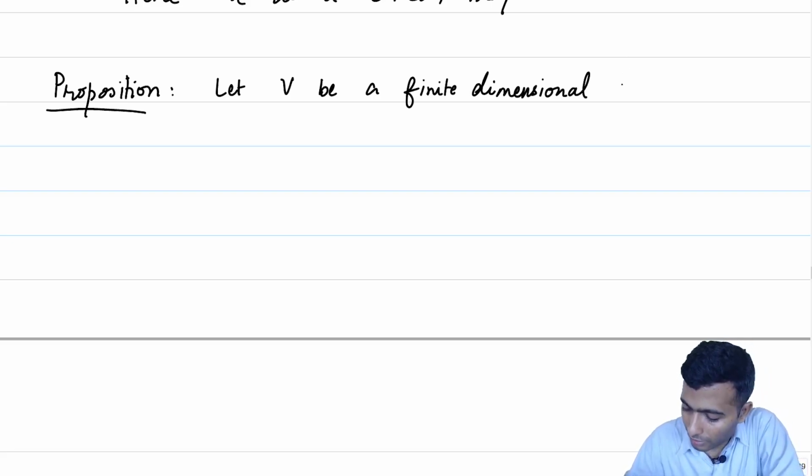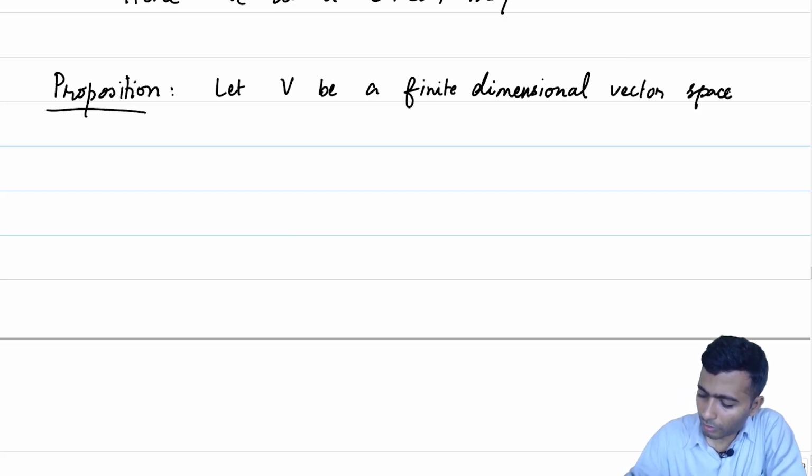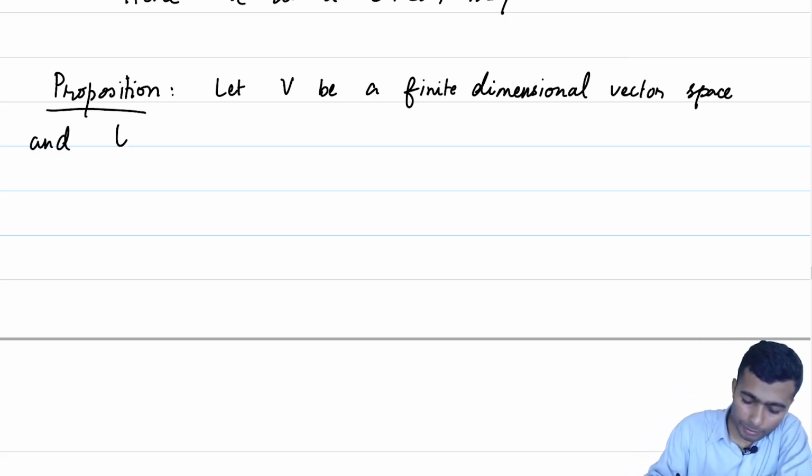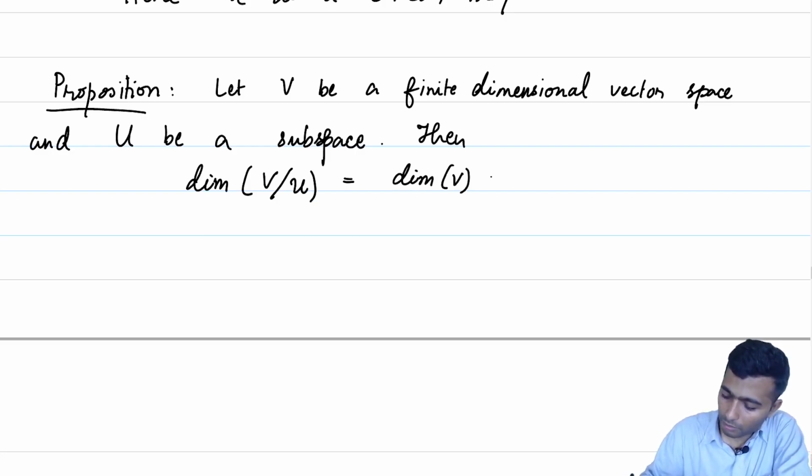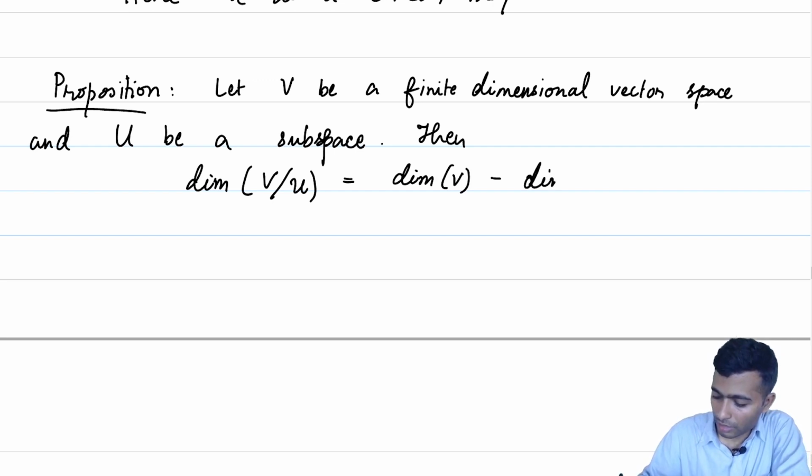So let V be a finite dimensional vector space and U be a subspace. Then dimension of V mod U is equal to dimension of V minus dimension of U.